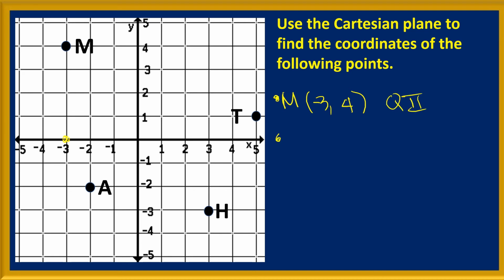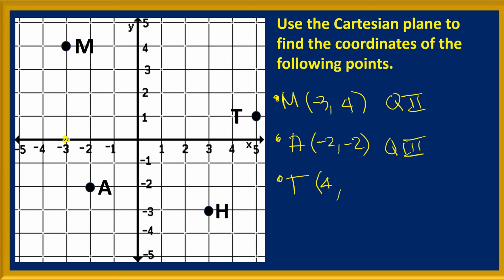Next, point A. Point A, tingnan natin, sa x-axis siya ay nasa negative 2. So, sa y-axis naman siya ay nasa negative 2. So, therefore, point A natin is negative 2, negative 2, lies in quadrant 3. Okay, next, point T. Point T natin from the x-axis, ang value ng x niya ay 4.